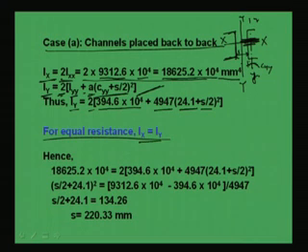So, if we make Ix equal to Iyy, what we will do? We will get, this is Ix, that is 18625.2 into 10 to the 4 is equal to 2 into 394.6 into 10 to the 4 plus 4947 into 24.1 plus S by 2 whole square.